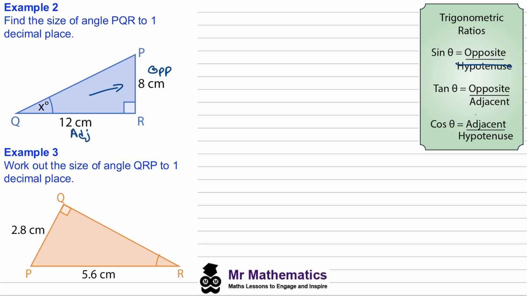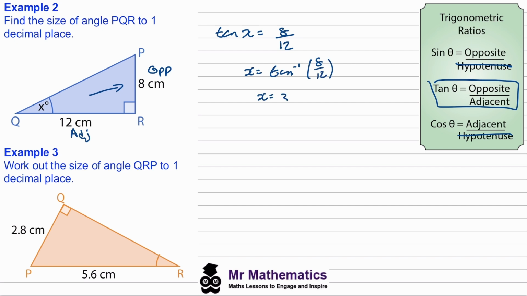So we'll cross this out, and this one we'll use tan. So the tan of the angle will be the opposite divided by the adjacent. So x will be the arctan of 8 over 12. And we can work this out, and we get 33.7 degrees to one decimal place.